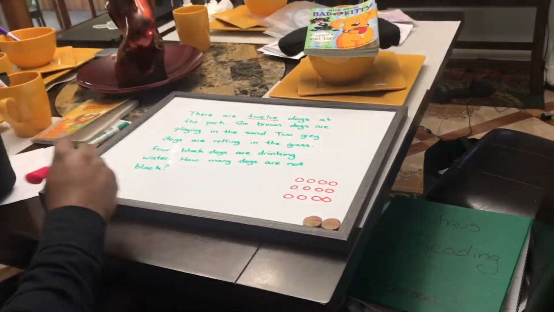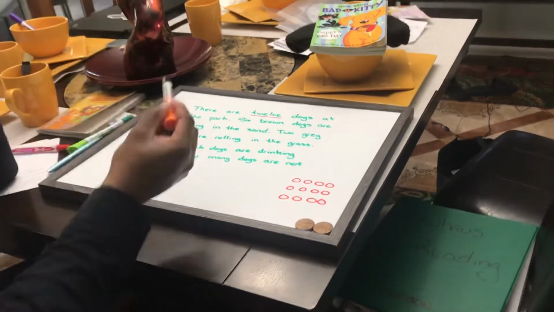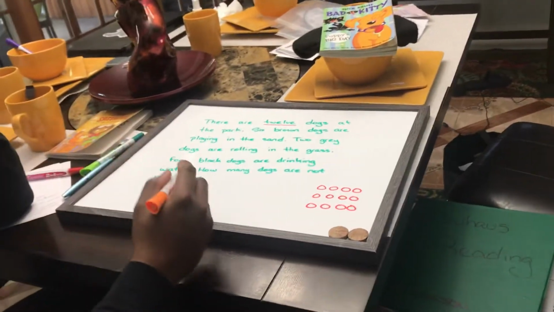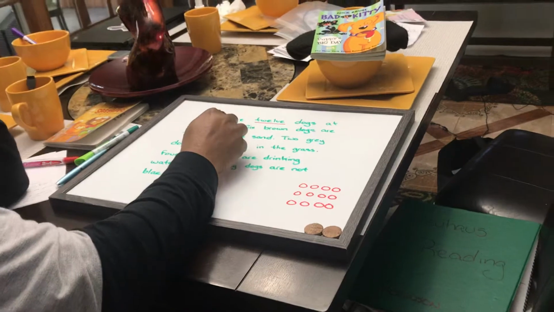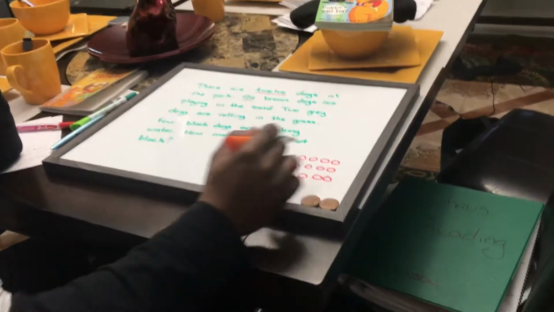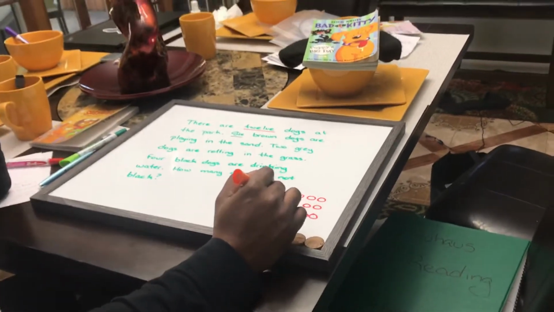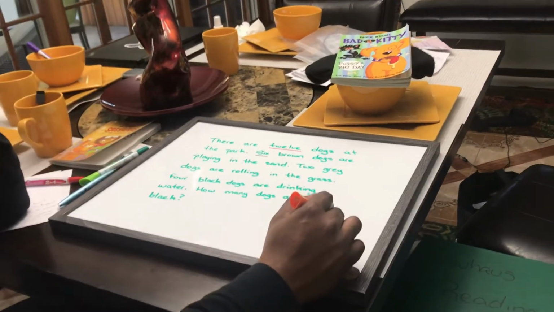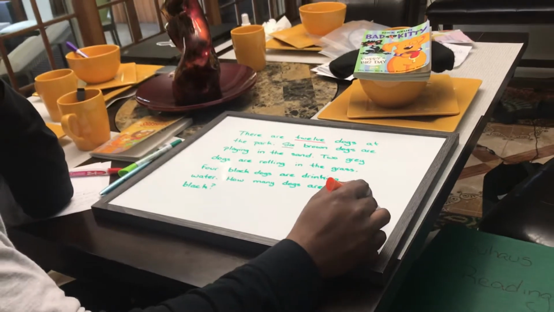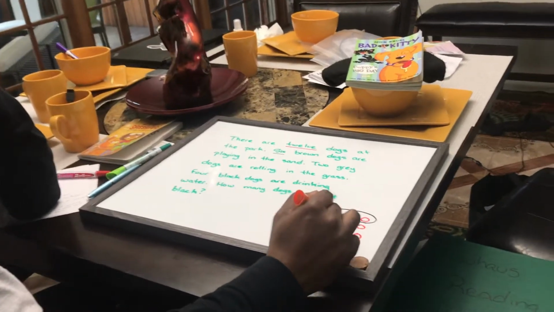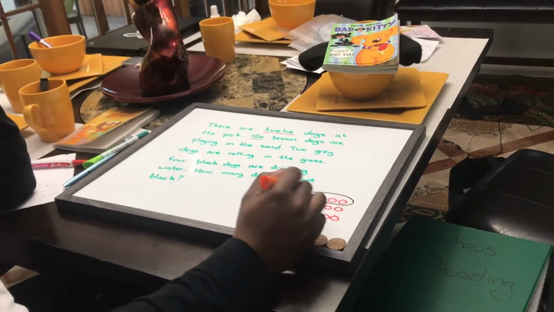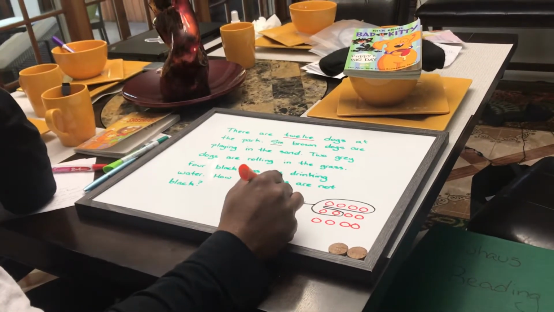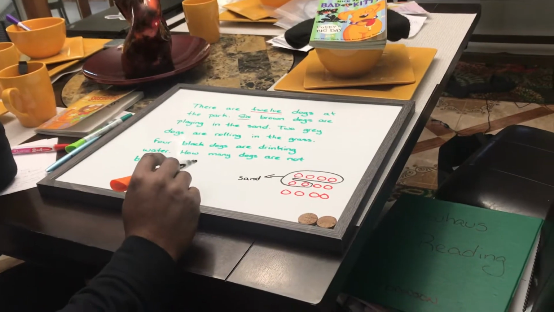Now it says that 6 brown dogs are playing in the sand. So we have 6. 6 of these dogs here are playing in the sand. So we're going to count 2, 4, 6. These 6 are playing in the sand. Okay?